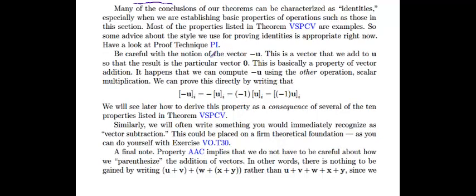So let's look at this comment here. Look at this vector minus u. This is a vector which, when we add it to u, the result is 0. We can compute minus u using other operations. So you can prove that the vector which when added to u gives 0 can be obtained by multiplying that vector u by minus 1.